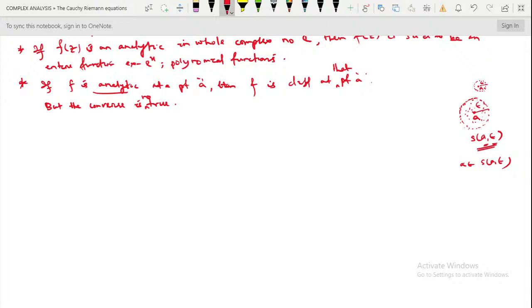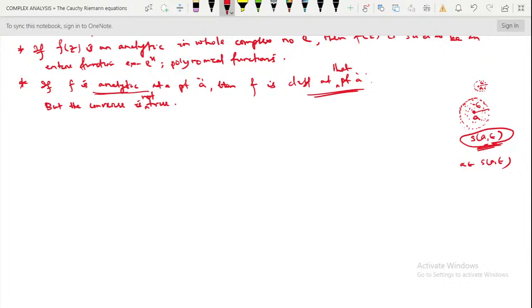The reverse is not true. If f is differentiable at a, suppose f is differentiable only at its center, then you cannot say f is analytic at a, because for analyticity at a, it should be differentiable in this whole open disk.